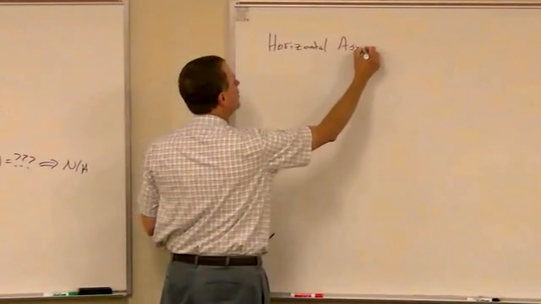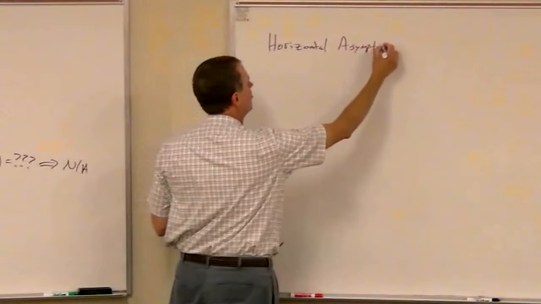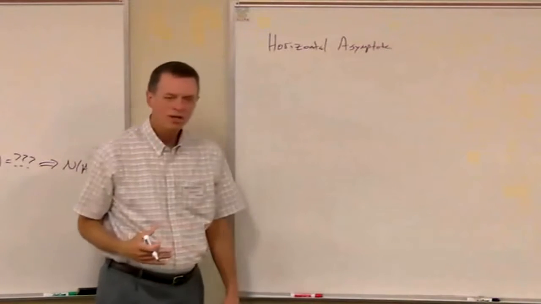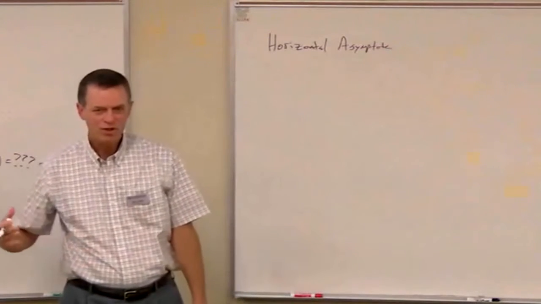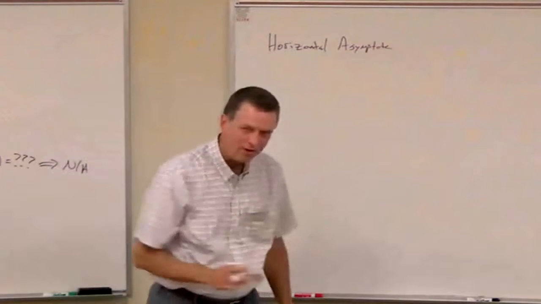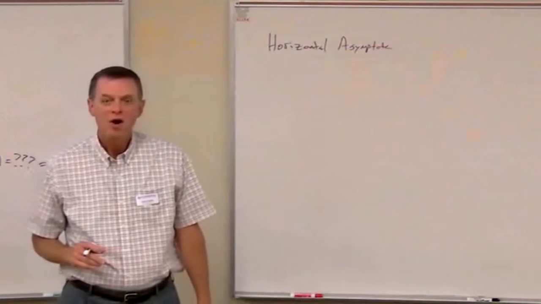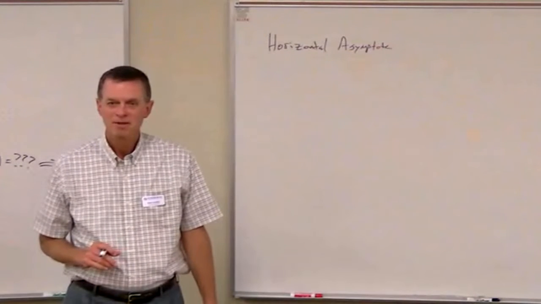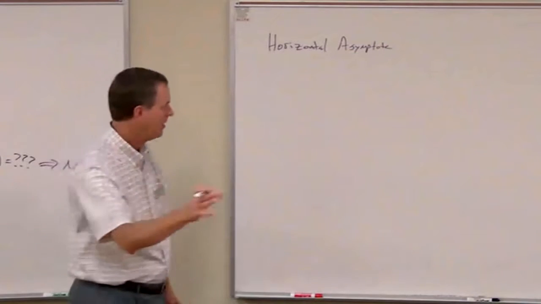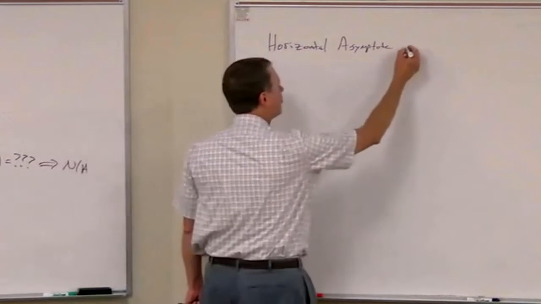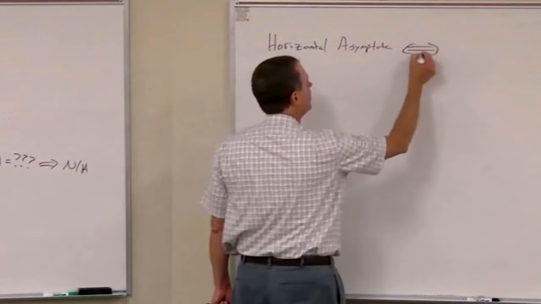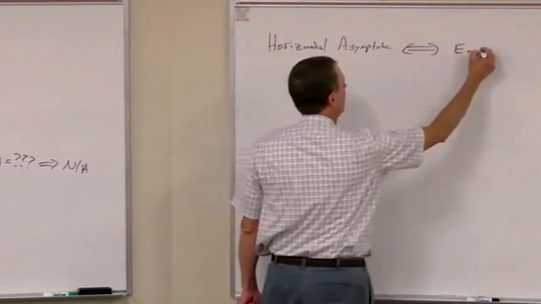Well, yes, we did. You're right. But before we got to that, what was the genesis that we were focused on? I said, this is how we're going to find our horizontal asymptote. Yes. Horizontal asymptote is all about end behavior.